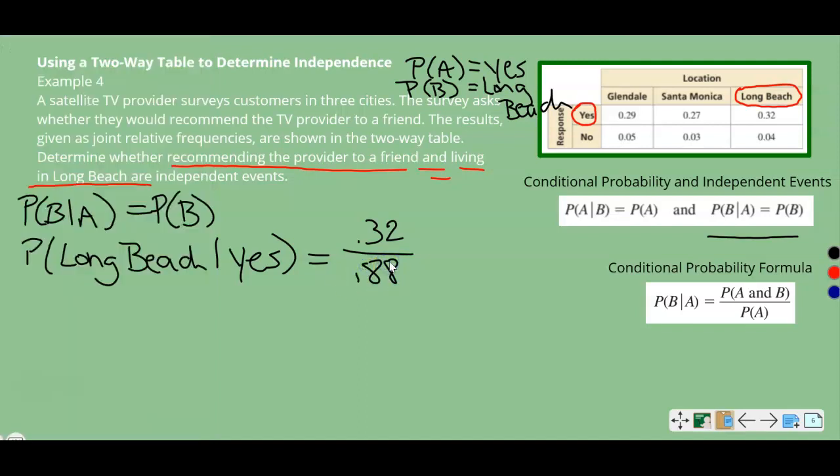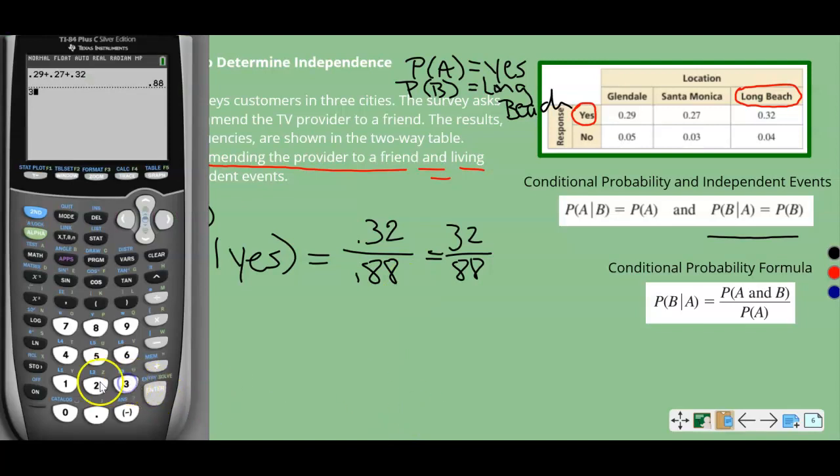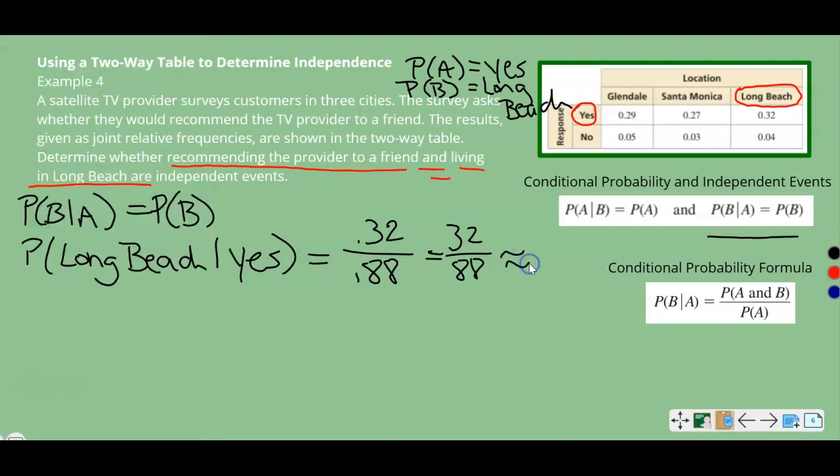We don't really like to have decimals and fractions together, so if you move the decimal over 2 places, that's the same as 32 over 88. But what we need to do is find out what that is. So let's do 32 divided by 88, and that's going to give us about 36.4%. We can round that to about 0.36 or about 36%. That's the probability of Long Beach given a yes response.